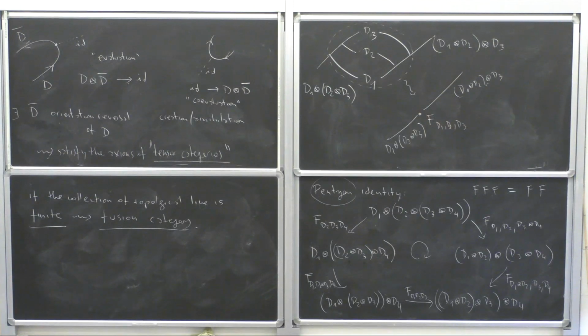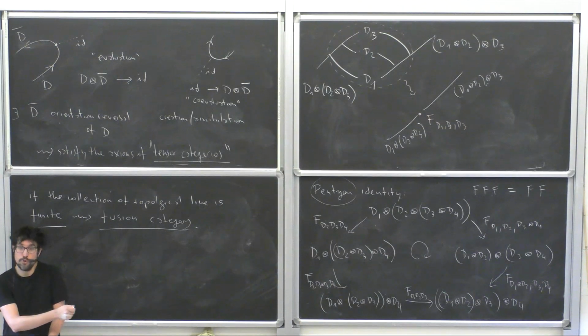So to relate this with the context of ordinary symmetries, no? You have to think that in those examples, if you work with a two-dimensional theory that has a symmetry group, no? Then the group elements label your topological lines, no?